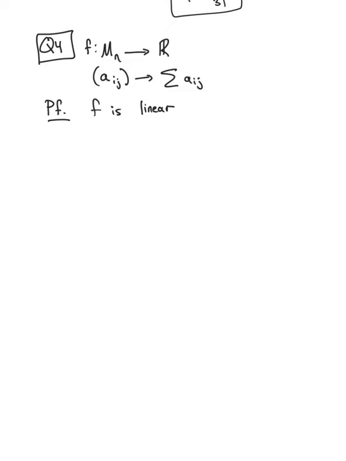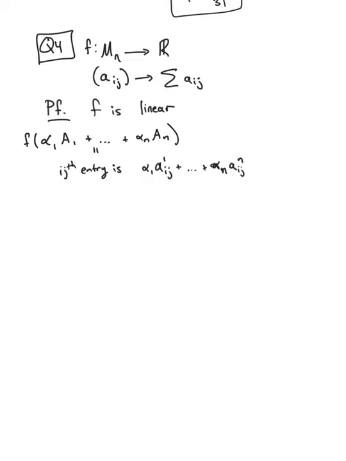To prove this, we take a linear combination of matrices, so I'll say alpha 1 A1 up through alpha n An, and apply F. First off, the ijth entry of this matrix is alpha 1 A_ij1 plus alpha n A_ijn, where A_ijk is the ijth entry of Ak.